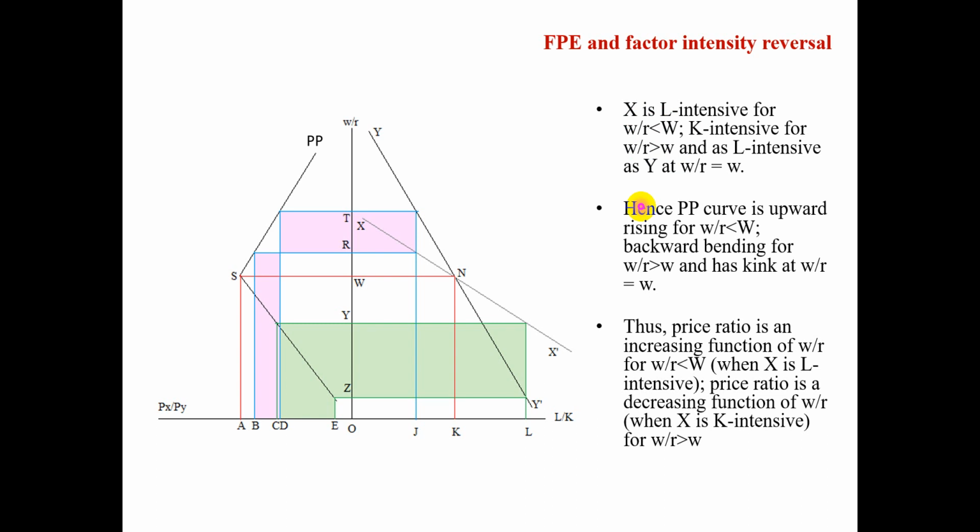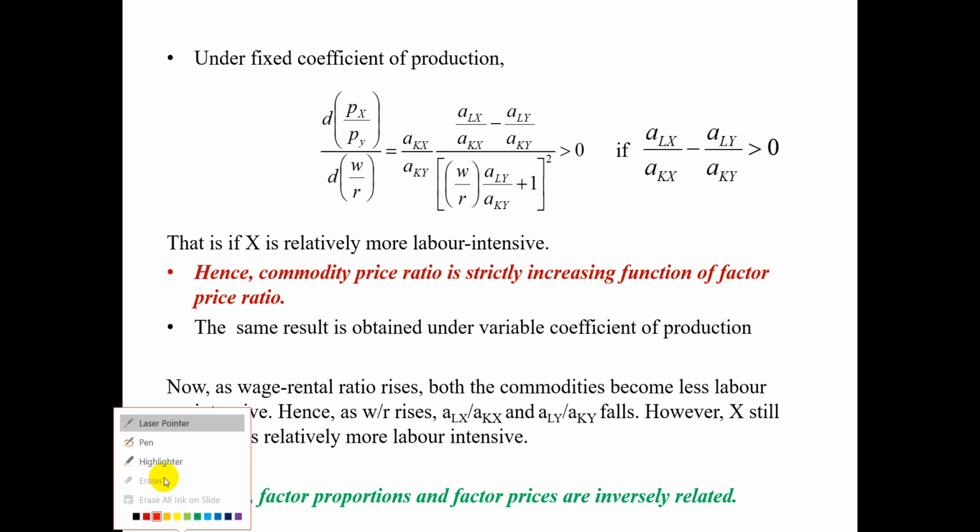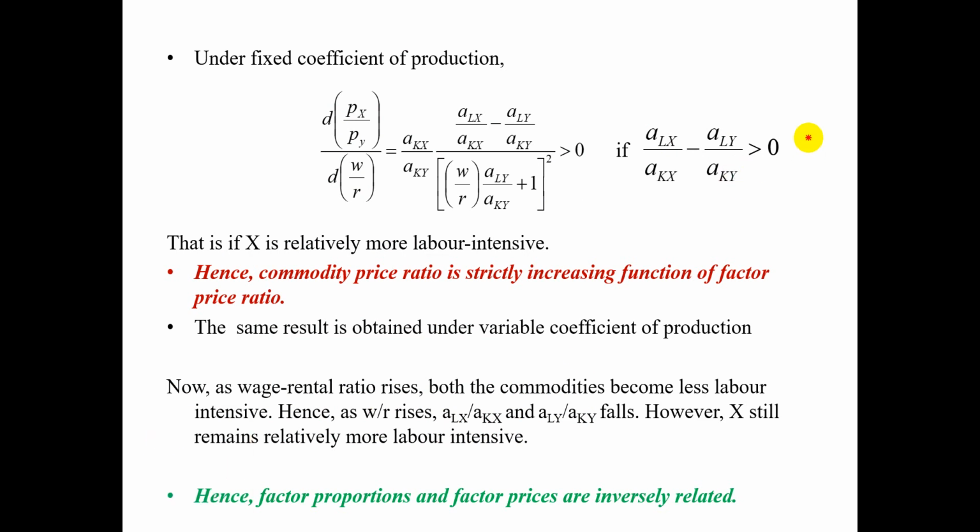If we now go back to our earlier result, we found that Px by Py and W by R are positively related if X is relatively more labor intensive. So if X is relatively more capital intensive, then this relationship will be less than 0.